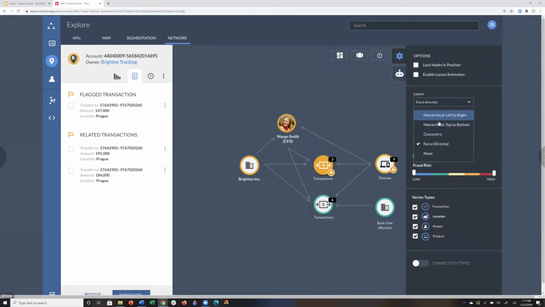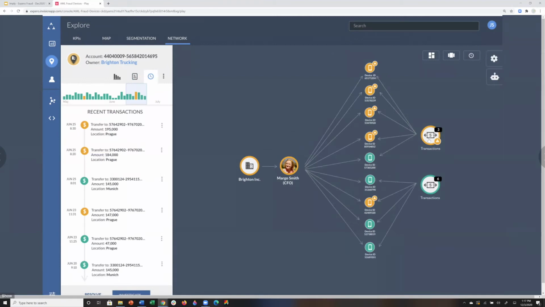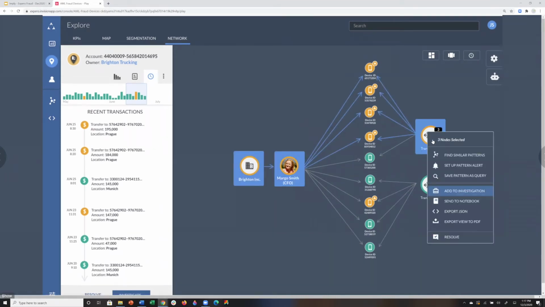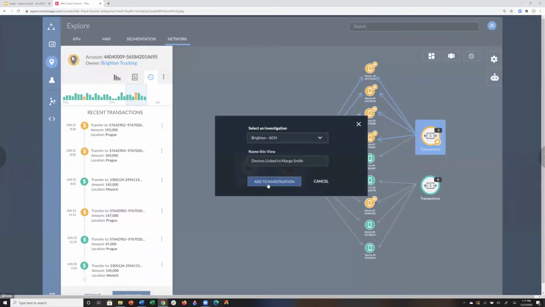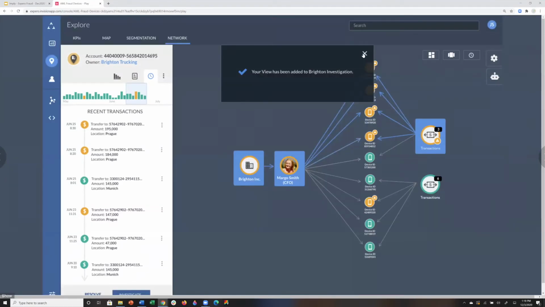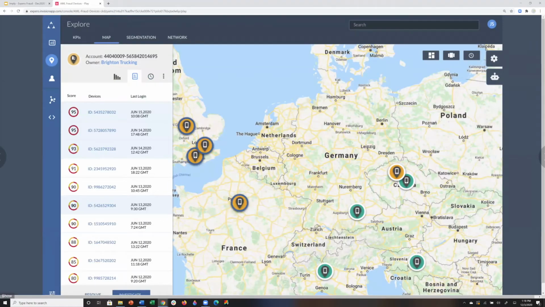And I'm now able to dig in a little deeper and say, okay, now I start to see that there's a device ID in addition to the transaction where I want to do and investigate, and I only want to investigate those different elements. And now what I'm going to do is I'm only going to add those individual elements in yellow to the investigation.